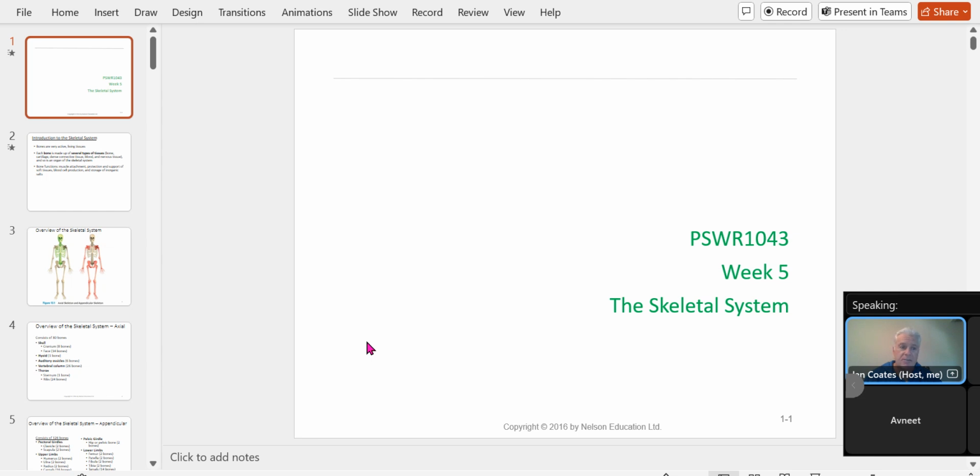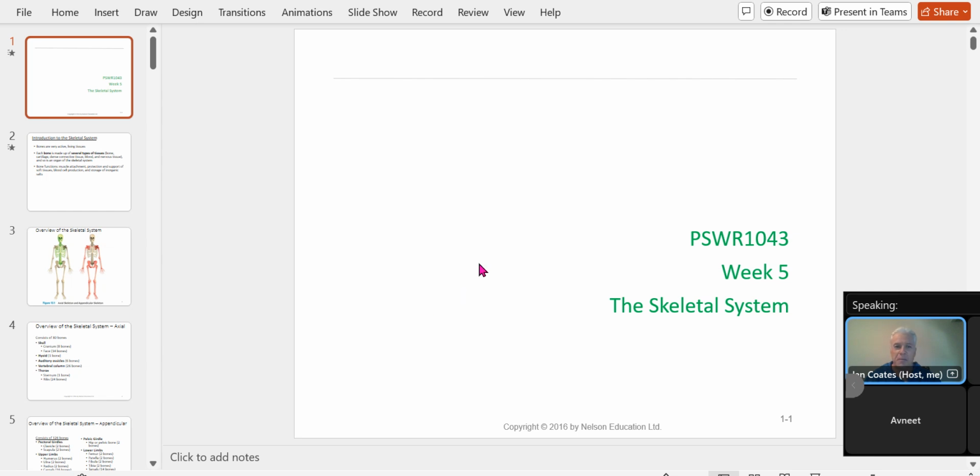Because just doing the PowerPoints, I highlight what's important, but nothing ever replaces reading the textbook. So please make sure you're reading the textbook, because we have skeletal this week, muscle the week after, then we're into blood and lymphatic, and then cardiovascular, digestion, respiration, reproduction, endocrine, kidney. So every week from here on in. So welcome to it. This is the big show now.